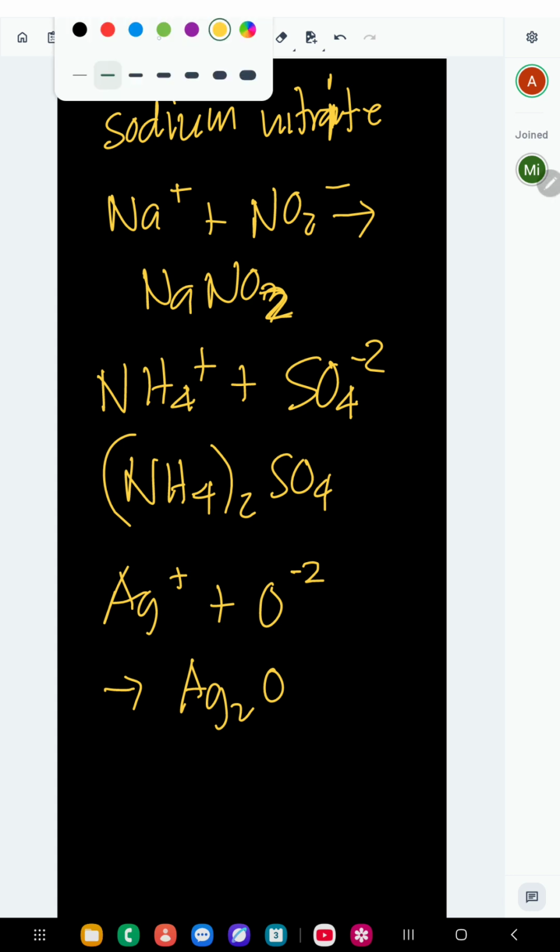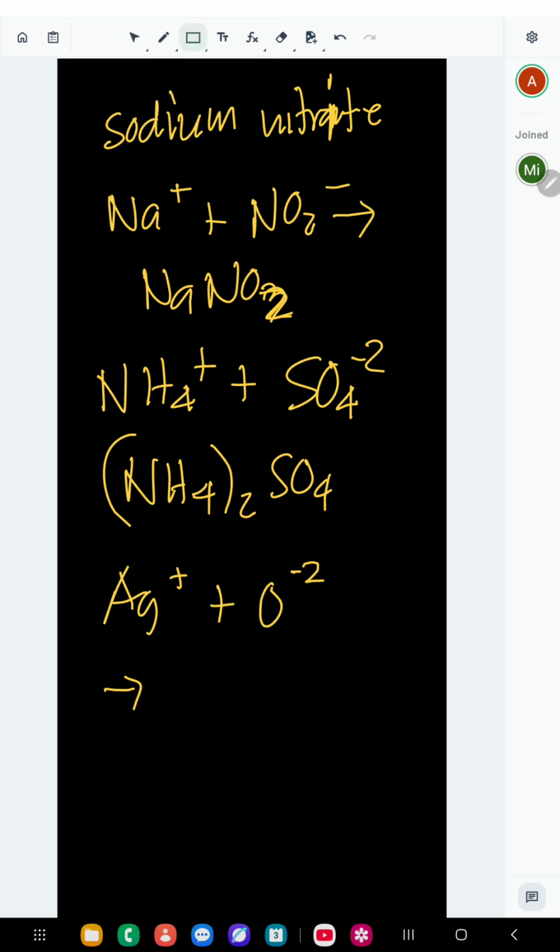Okay, it's not this one. You don't need to write the numeral. Oh, it's Ag2O. But the name is silver oxide. Since the Roman numeral is only 1, then you don't need to write it. Silver oxide. And then sulfuric acid.